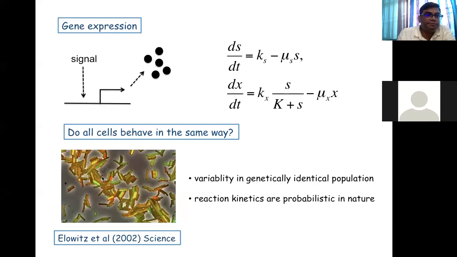So something must be going on inside the cell, indicating that the reaction kinetics I have written here, the transcription factors coming in, getting produced, binding to the gene of interest and producing our gene product, is probabilistic in nature.